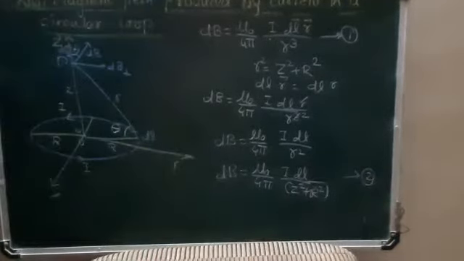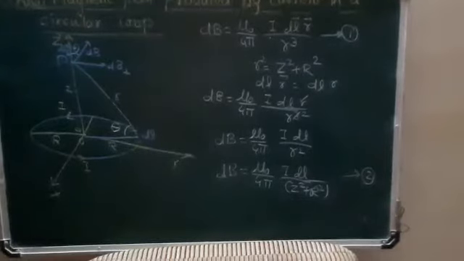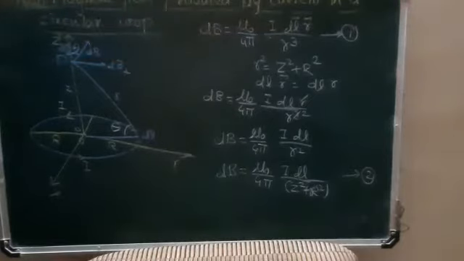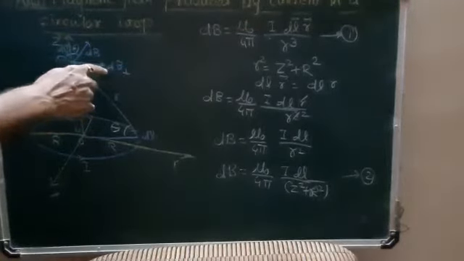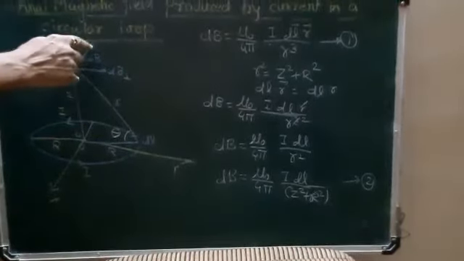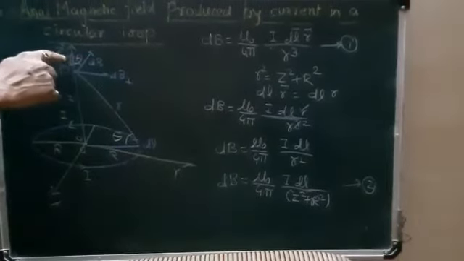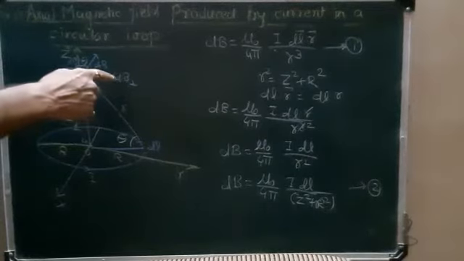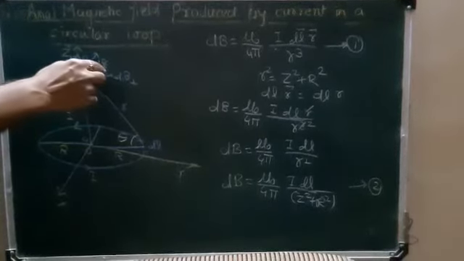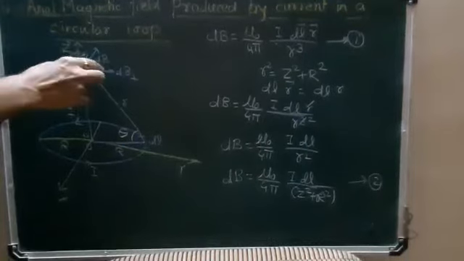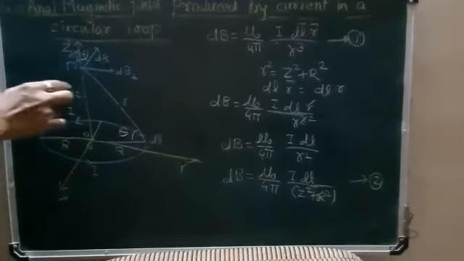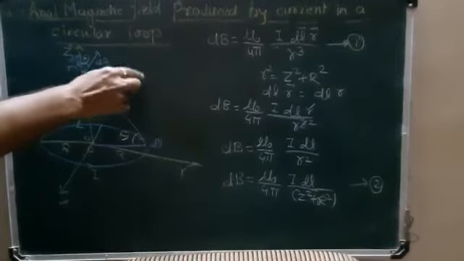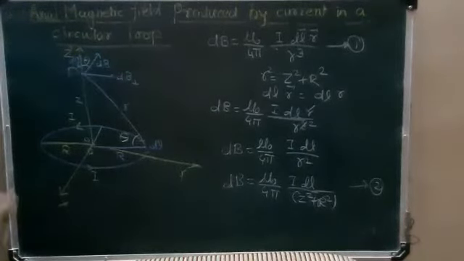Now, from this equation 2, the magnetic field dB is equal to mu 0. This magnetic field of induction due to dB is divided into two parts: one is dBz and another one is dB perpendicular. If we calculate dB perpendicular over this whole loop, due to the symmetry of this diagram, the dB perpendicular components cancel out each other.